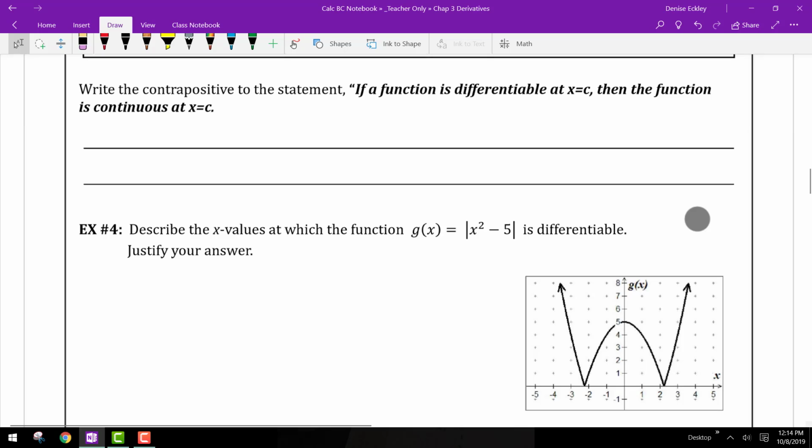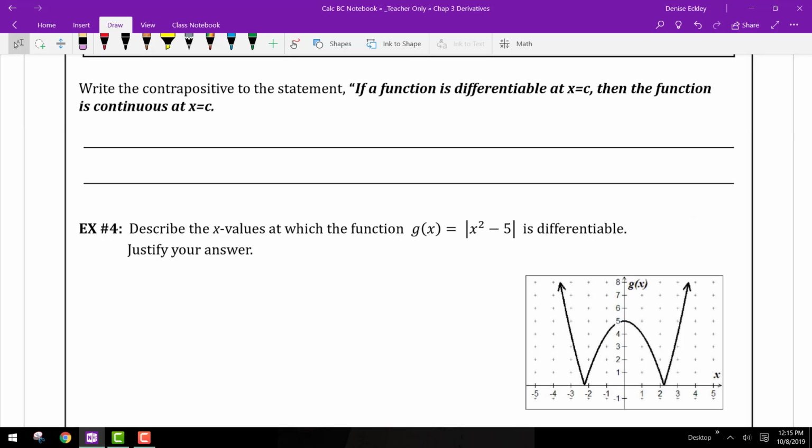So let's write the contrapositive to the statement. If a function is differentiable at x equals C, then the function is continuous at x equals C. So we're going to negate both the hypothesis and the conclusion and switch their order.